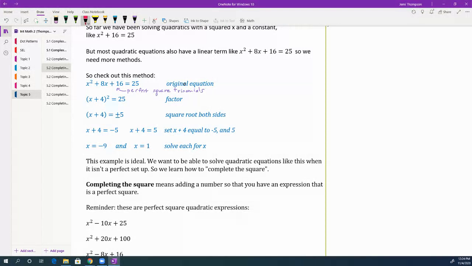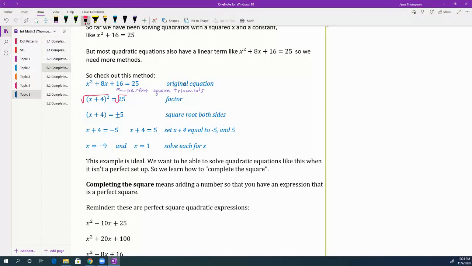Then to solve for x, remember I've got to use my order of operations backwards. So I start on the outside and work my way in. To get this out of a square, I'm going to take the square root of both sides. The square root of x plus 4 squared is x plus 4. The square root of 25 is positive and negative 5.